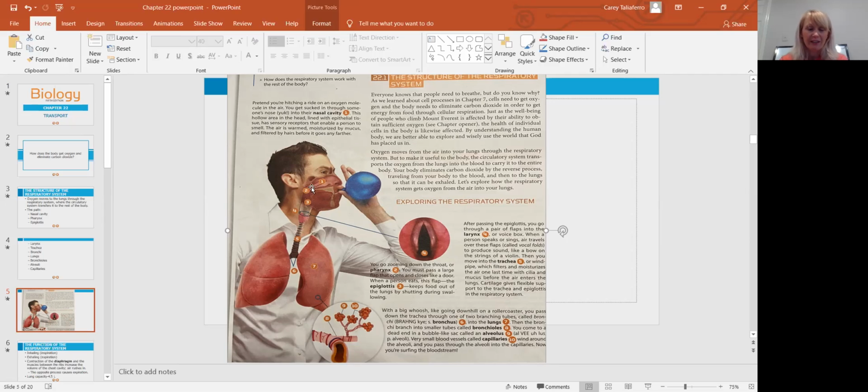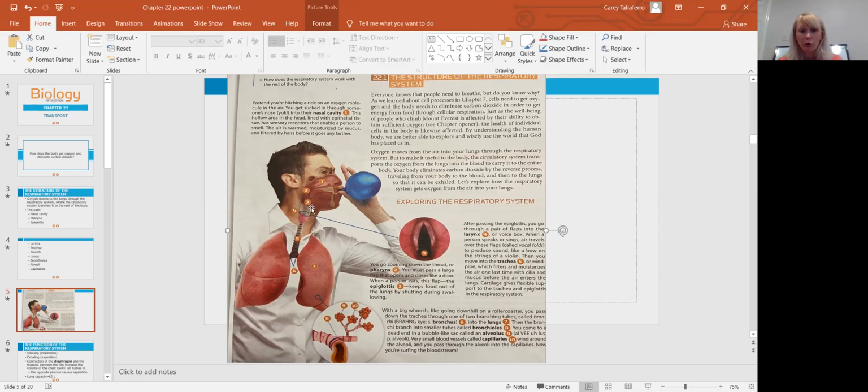It's at the very top, or the beginning, of your throat. Then you have to pass through a flap, basically, that opens and closes like a door. This flap is called the epiglottis.